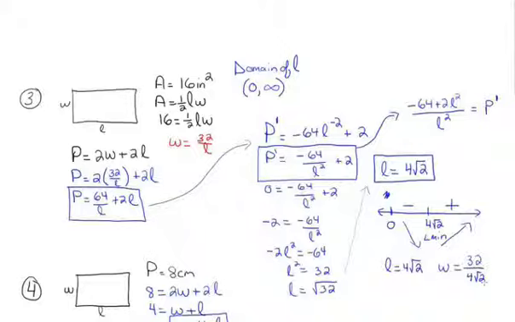And I get that W equals 5.657. And might as well figure out what that is. 4 root 2. And L is the exact same thing.